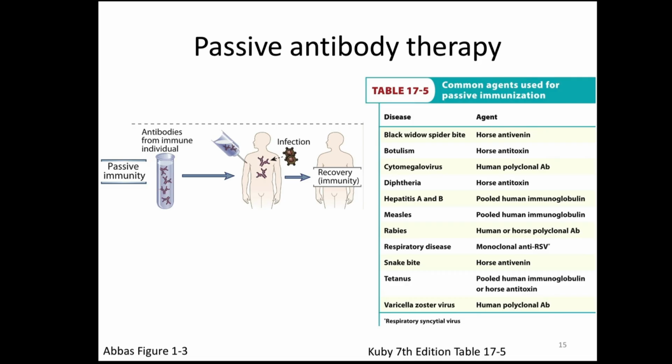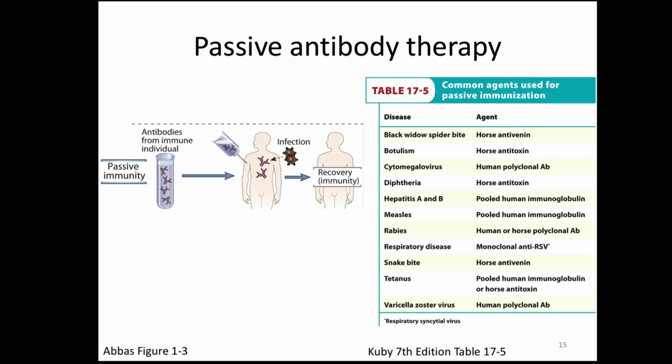They don't have memory B cells because their personal B cells didn't actually participate the first time around. They didn't have to participate because these other antibodies were put in place. And so they're not going to have a memory response. Potentially, we might have to give them passive antibody therapy again because they're still not protected.